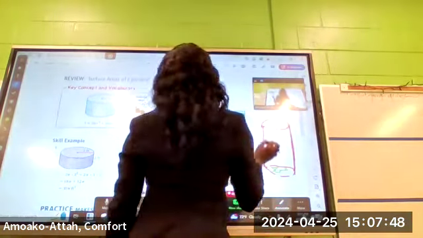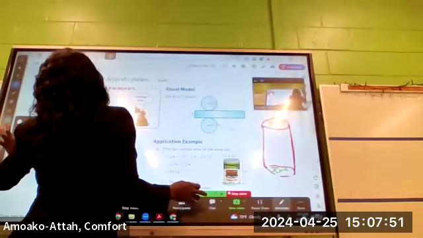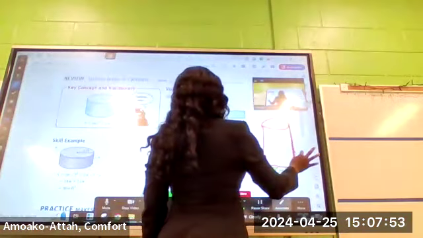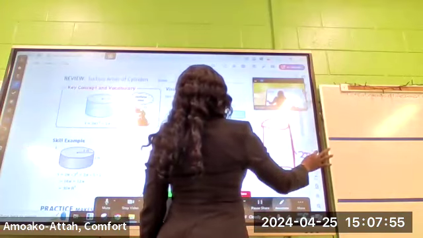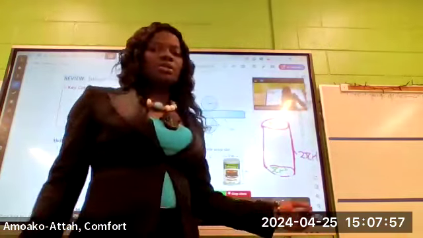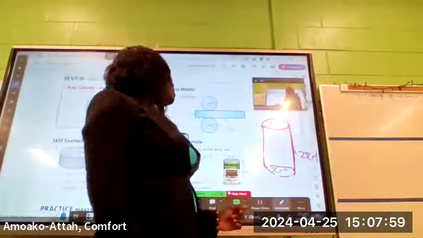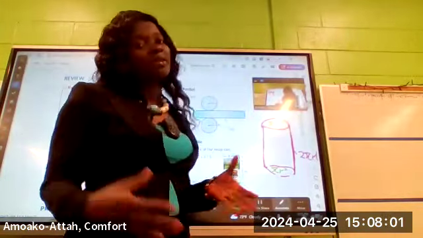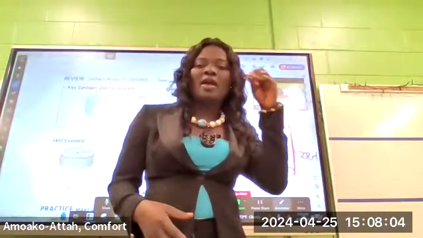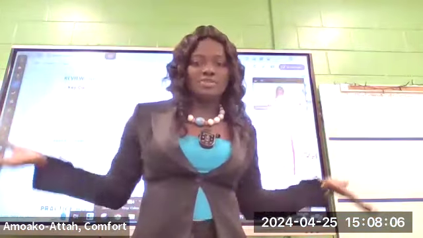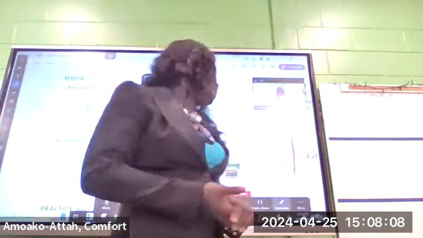Then I have my curved part to be 2 pi r L. Good. Right. So if you have to find the surface area, you find each part of it, then you add everything together. That will give you the total surface area.